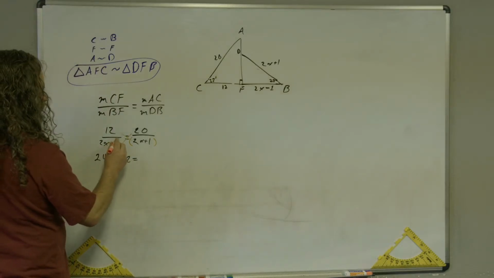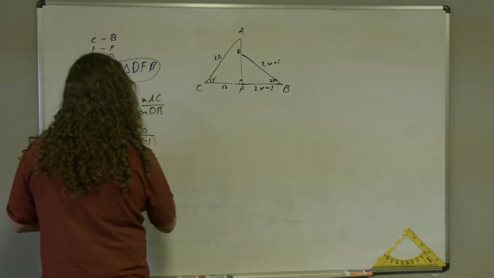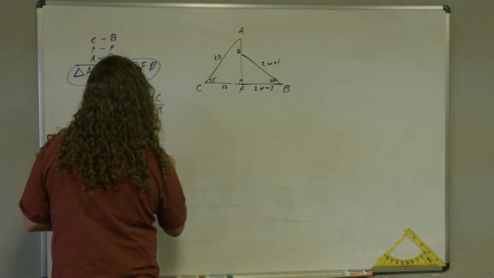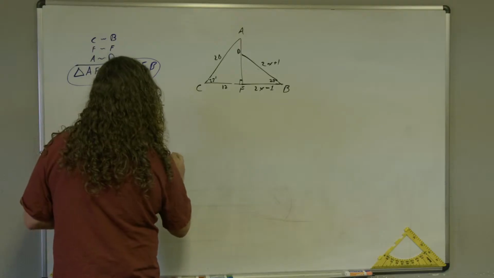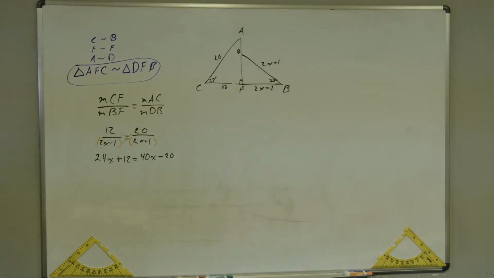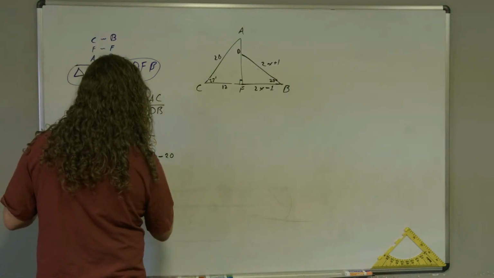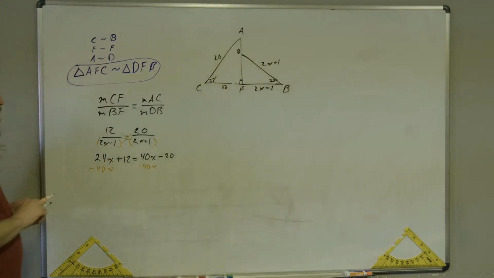And then this one, we've also got to distribute. So what's 20 times 2x? 40x. And then what's 20 times negative 1? Negative 20. Now what? Sure. That's fine. And what's 24x minus 40x?